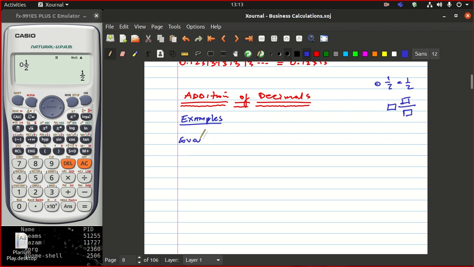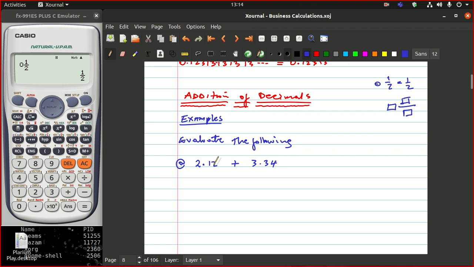I want us to evaluate, with and without a calculator, the following sums. The first one is 2.12 plus 3.34.